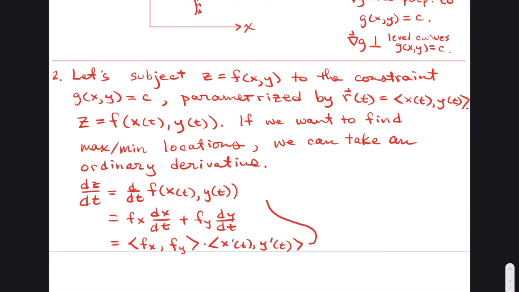And let's come back up here and say that this is equal to the gradient of f dotted with r prime of t, which must be 0 at max or min points.